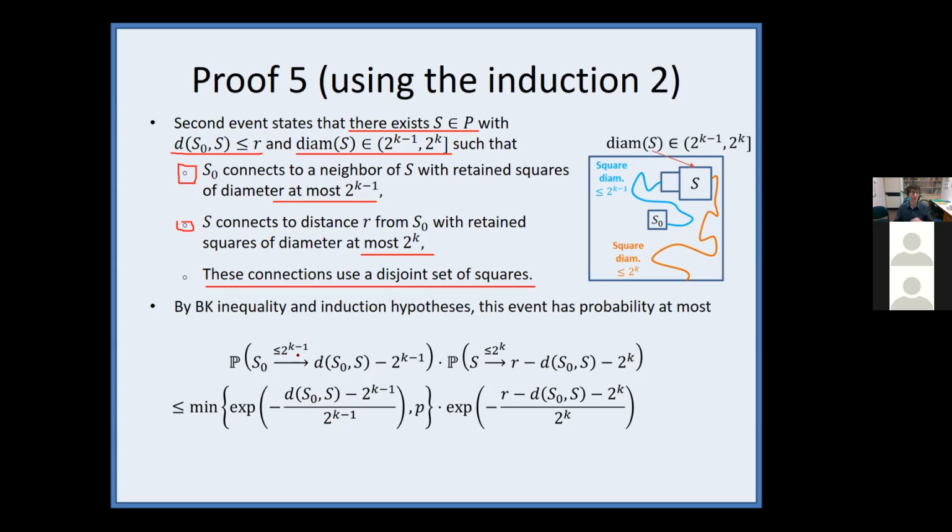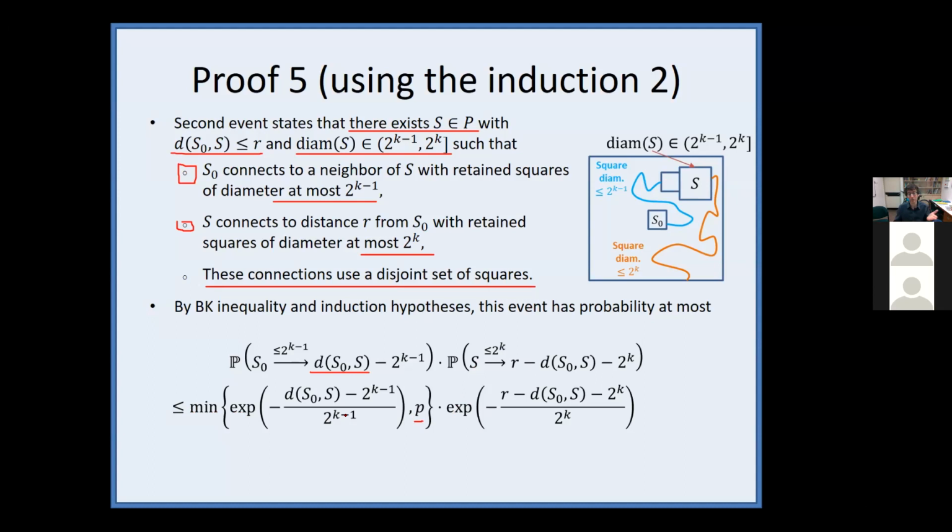I can use this bound, but sometimes, if the distance of S naught and S is small, I may get a better bound if I just say, no, I'll just use something simple. I'll just say that S naught itself needs to be retained. And that has probability P. So if I just discuss S naught, forgetting about all the rest of the blue path, then I get probability P.